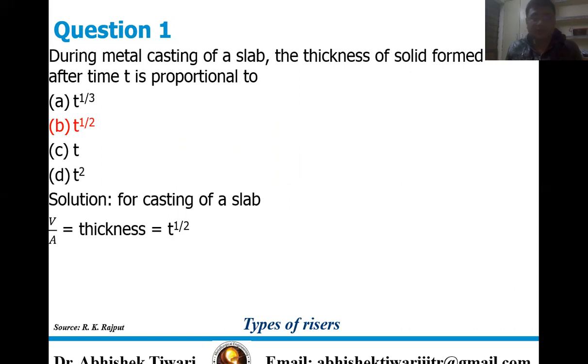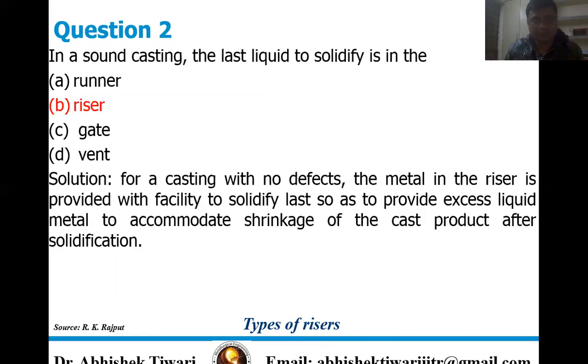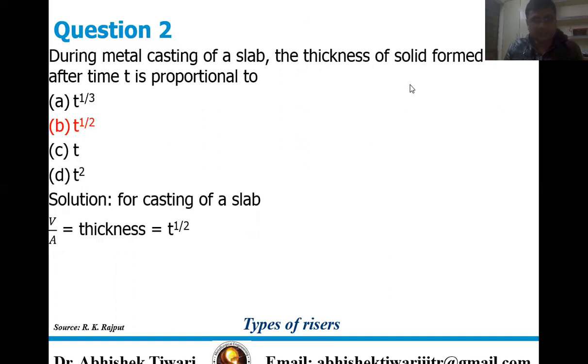For casting of a slab, volume upon area, which is equal to thickness, is directly proportional to t raised to power 1 by 2, where V is the volume, A is the area, and t is the time taken for solidification. So the correct answer is B.